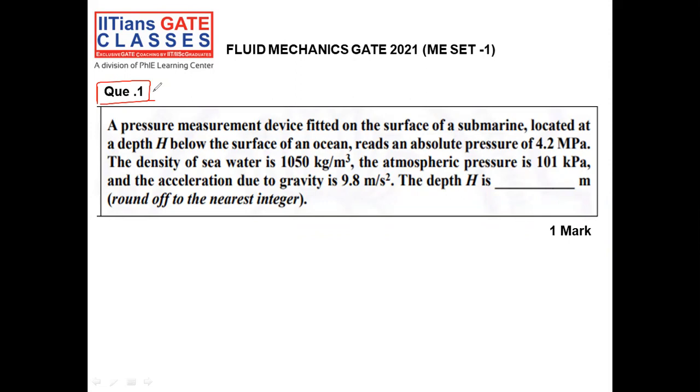The density of seawater is 1050 kilogram per meter cube, and the atmospheric pressure is given. Acceleration due to gravity is 9.8, not 9.81. You need to be very careful while selecting the value, because otherwise it will be out of the range. Now coming to the solution.